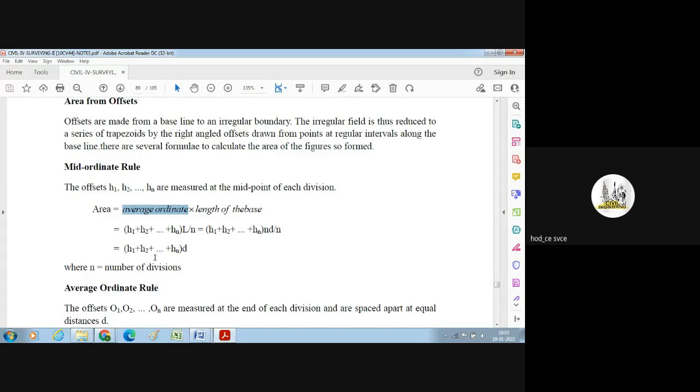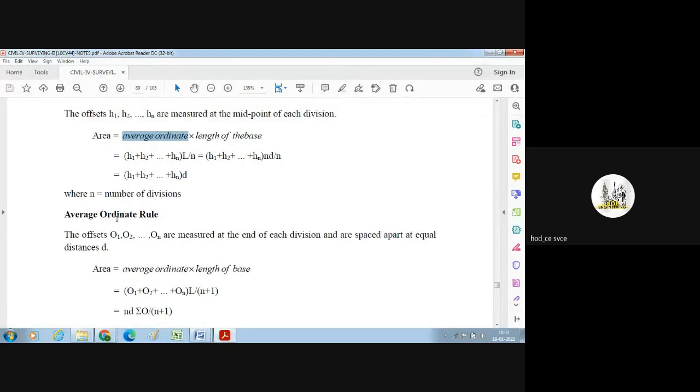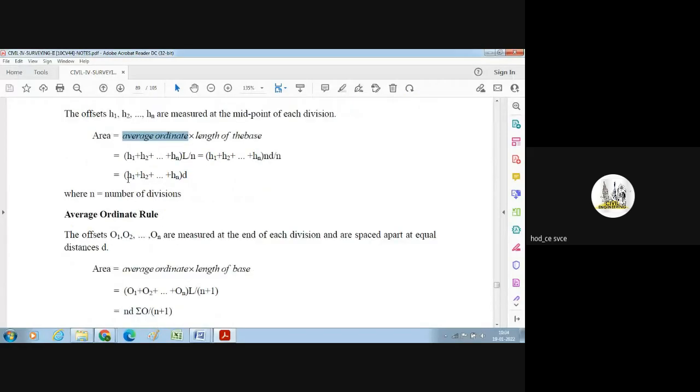N is the number, how many numbers we have taken, and D is the distance, right? So this is the mid ordinate rule. There is the average ordinate rule also, right?